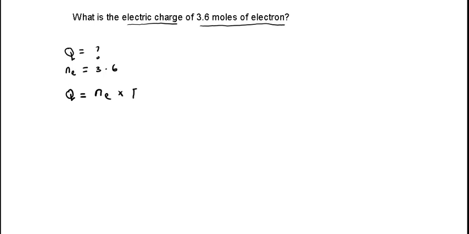Here, let's plug in our value. Q is now equal to the number of moles of electron, which is given as 3.6 mole, then multiplied by Faraday's constant, which has a value of 9.65 times 10 raised to power 4 coulombs per mole.